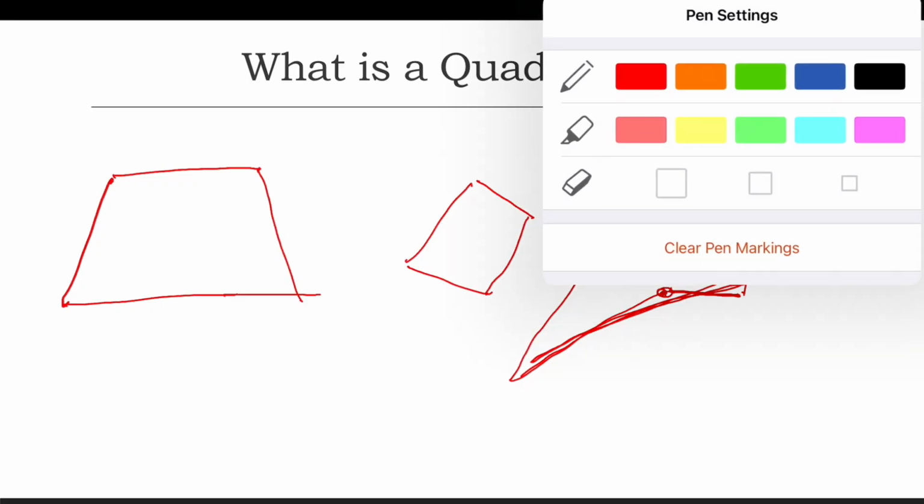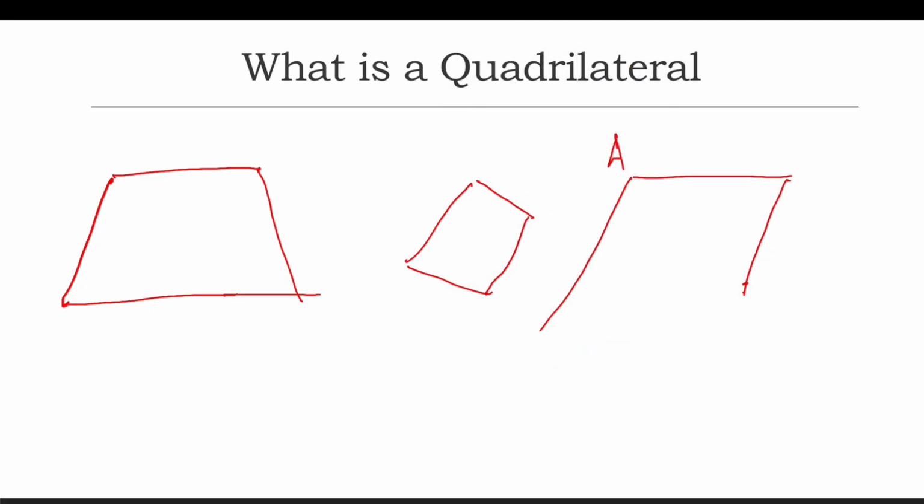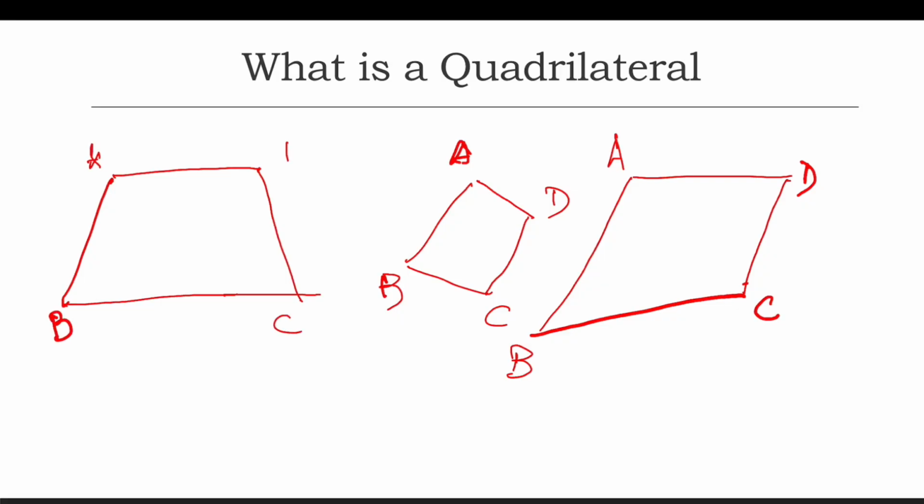So this is called a quadrilateral. So anything with four sides is called a quadrilateral, right? A, B, C.